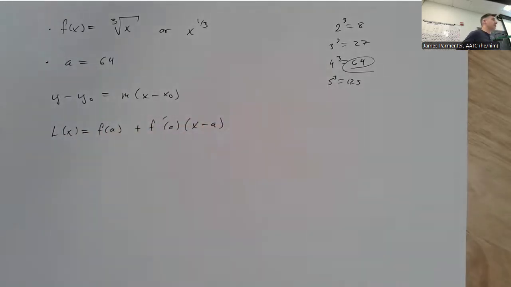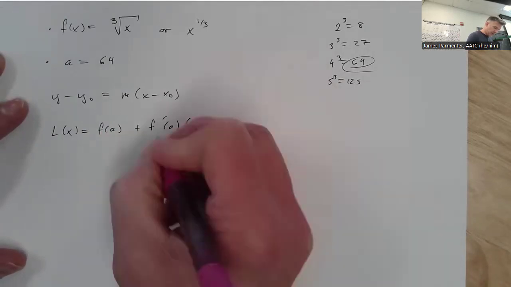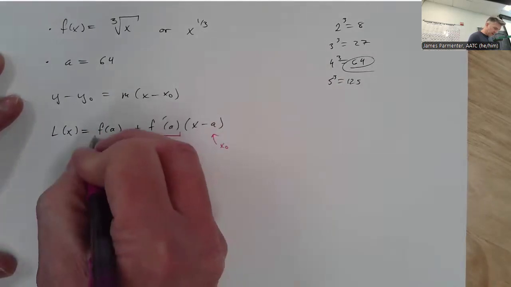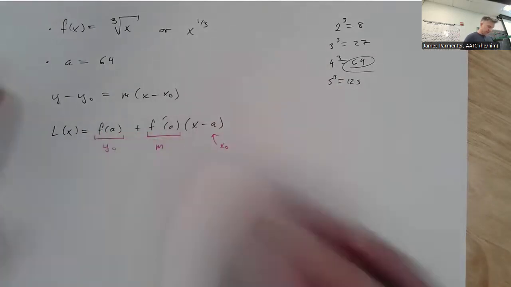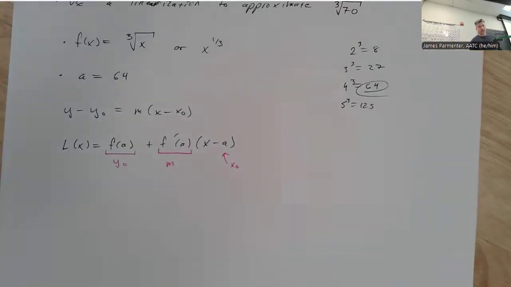It's literally the same thing. We've just rearranged it a little, right? Your a is really just what we're calling x naught now. Your f prime of a is just your slope. And your f of a, that's your y naught. It's all the same pieces, just rearranged and called other names because someone decided it was smart.